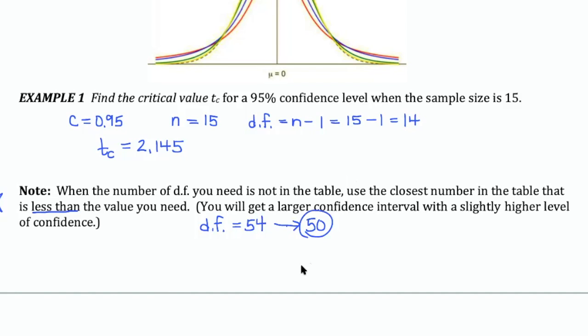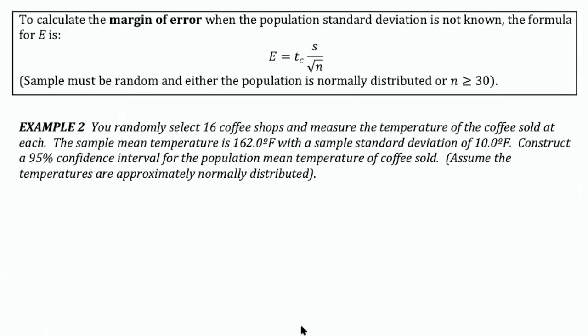reliable estimate. To calculate the margin of error when the population standard deviation is not known, the formula for E is, and so again, this formula is going to look similar to the formula in the last section, but instead of Z sub C, we now have T sub C. And in the top here, we have the sample standard deviation divided by square root of the sample size.